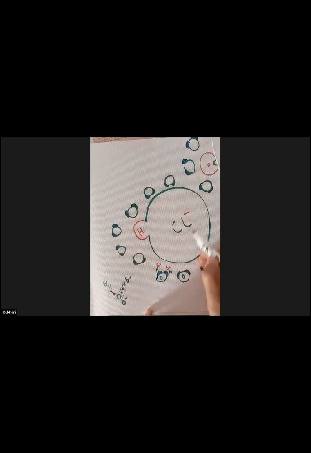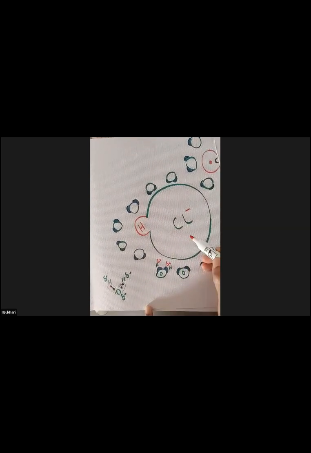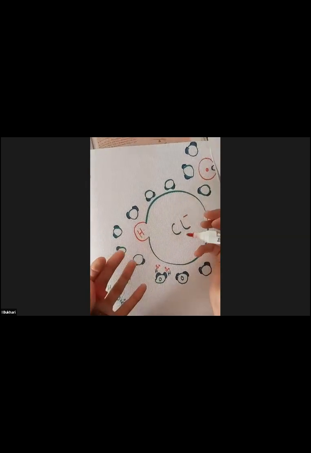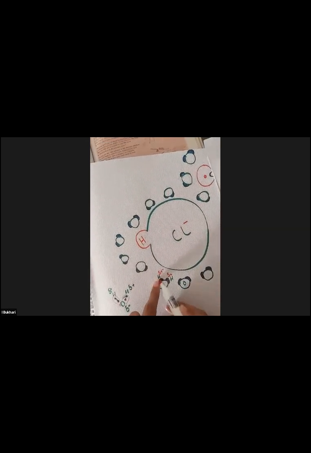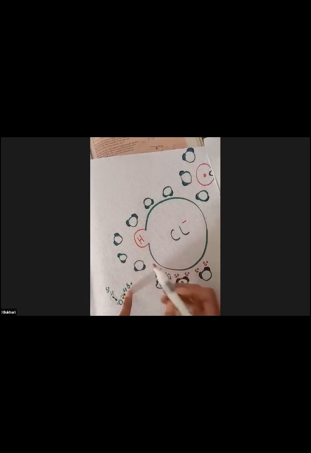So all these partially positive hydrogen atoms are attracted towards this negative. Chloride is highly electronegative, meaning that it has a lot of attraction for electrons. Because this is negative charge and there is attraction between opposite charges, these partially positive parts of the molecule are attracted towards this negatively charged ion, right?